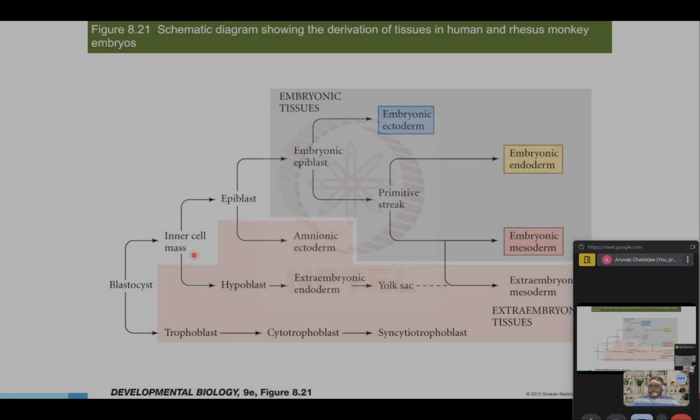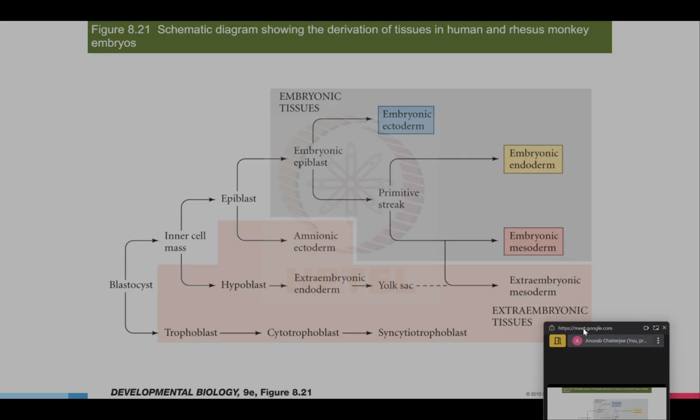Okay, let us look at it. So this is what I was talking about. The blastocyst, as we saw, has two different parts: the inner cell mass and the trophoblast. The trophoblast gives rise to the cytotrophoblast, the syncytial trophoblast, the extra embryonic tissues that help in setting up the connection to the mother via the placenta.